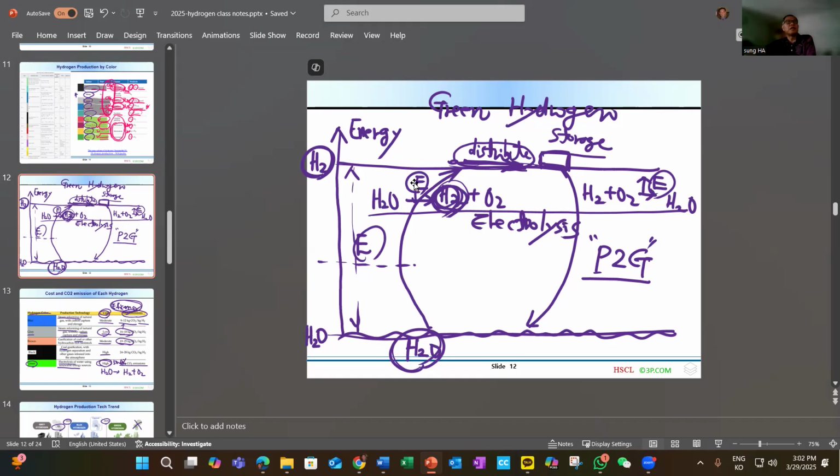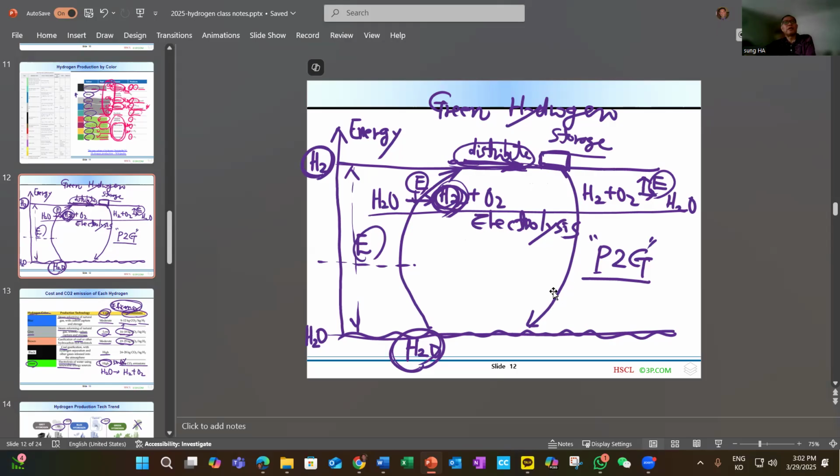So anyhow, once we have hydrogen gas, it can be distributed, it can be stored, it can be used for many different locations, many different times. So rather than storing electricity, we can store the hydrogen, and later we can use it.